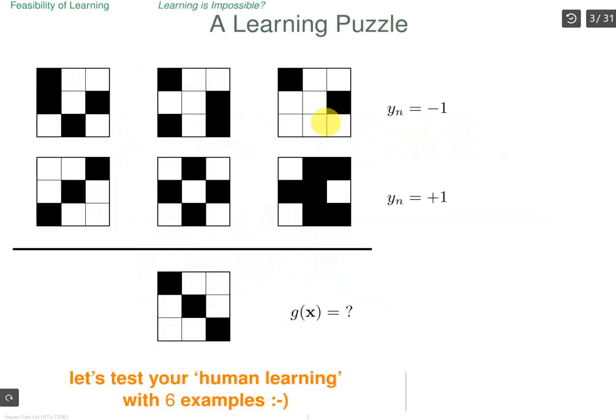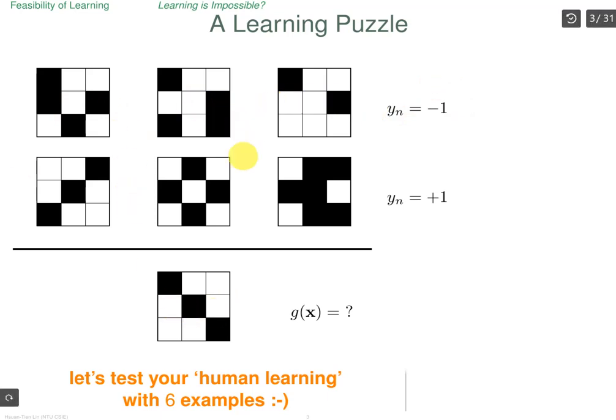Given 6 examples of these different square-shaped patterns, we label the top 3 examples as -1 and the bottom 3 examples as +1. Now I can ask you, given these labeled examples, just look at those different patterns and learn from them.